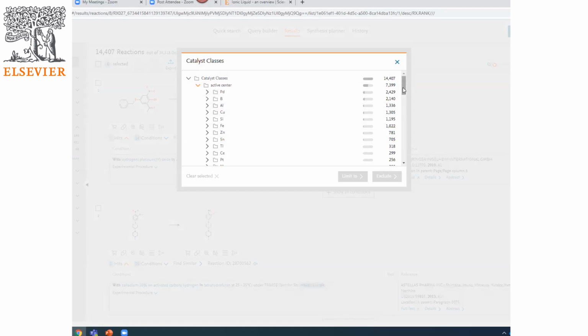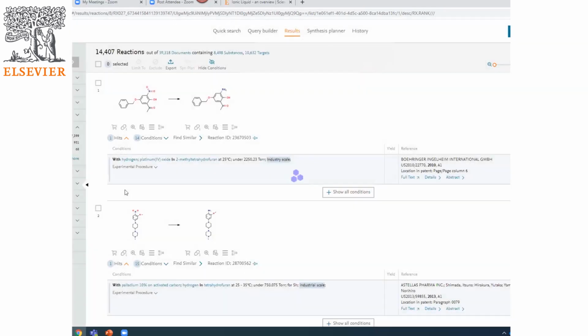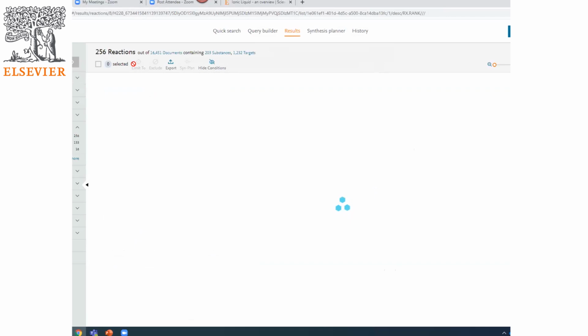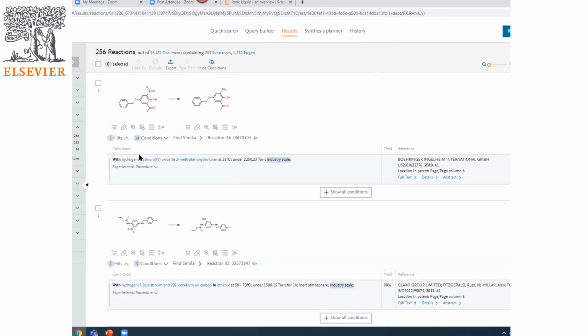So if you're interested in catalysts focused, for example, on platinum, just select it and you will limit search results only to the reactions where platinum is the catalyst. This includes crude platinum, some platinum oxide, and also the nanoparticles of platinum or on other ground.